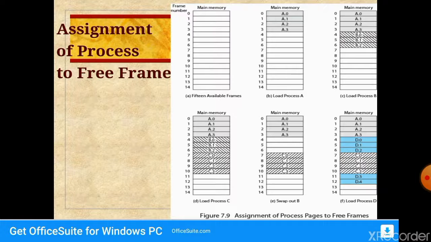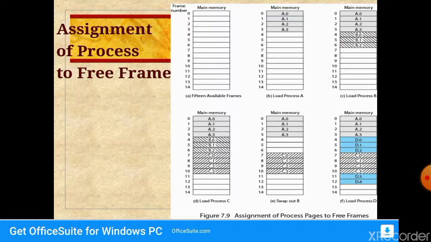So, it clearly shows that page 0 of process A is loaded into frame 0 in main memory. Similarly, page 1 of process A is loaded into frame 1 in main memory, and so on.